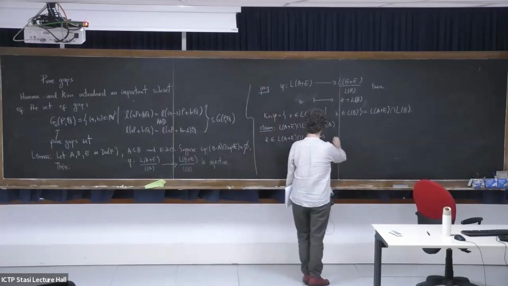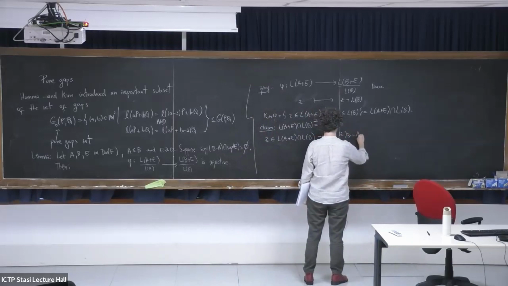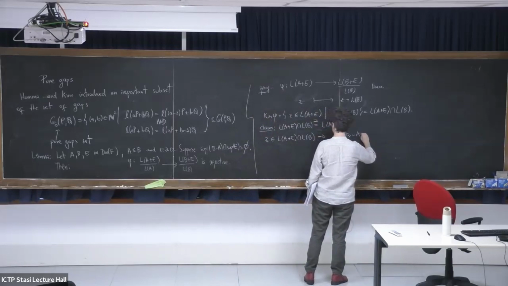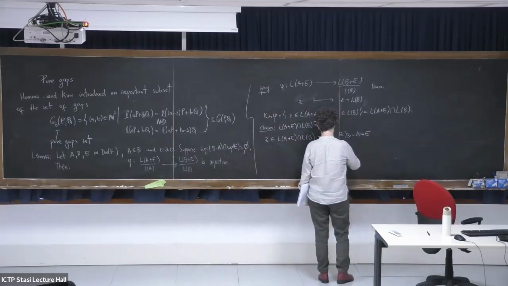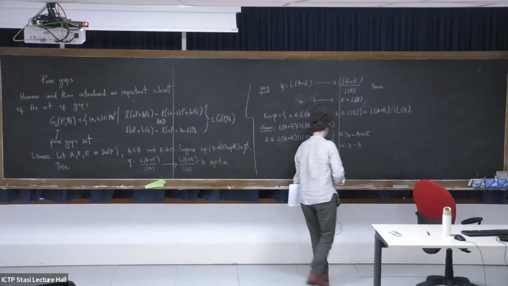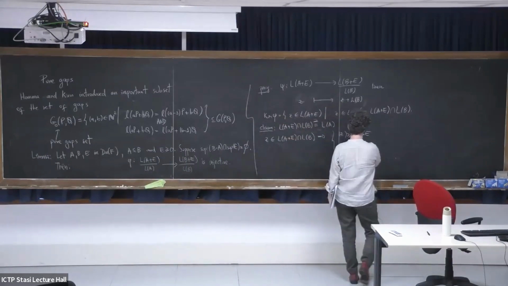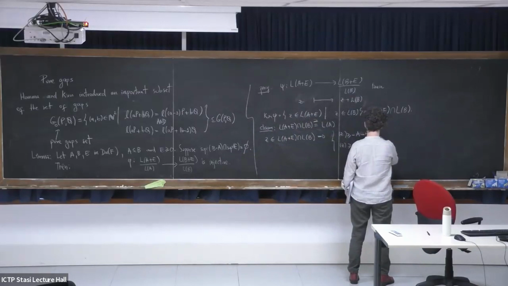Then we have that. Then we have two things. The divisor of zeta, by definition, is larger than this, and larger than this. Okay. So we just add B here, so we have that.